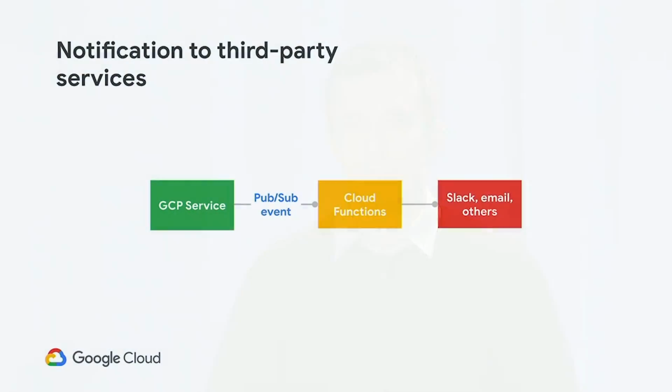That means that when a new commit is checked into your repository, a new build is kicked off, or a build completes, you can generate a PubSub event to a PubSub topic. You can then have a Cloud function configured to monitor that PubSub topic, watching out for these new events coming in. And when a new event comes in and a Cloud function triggers, you can have it invoke a third-party service, such as Slack, email, or any other that you want to work with.